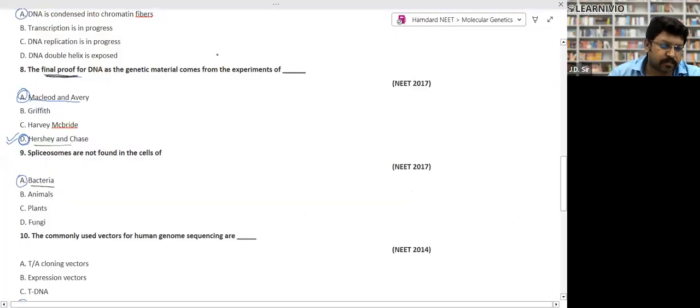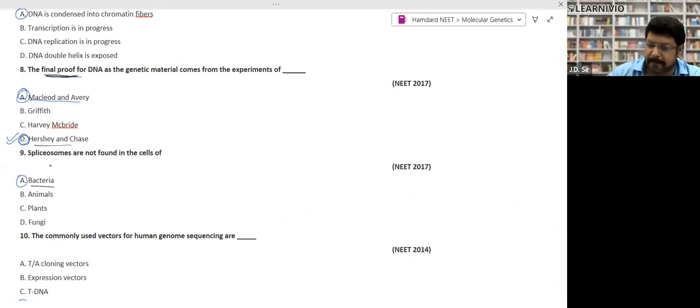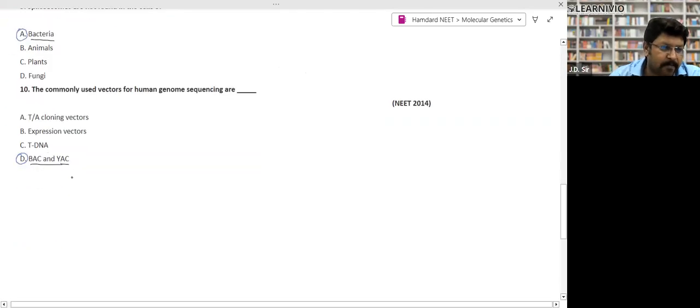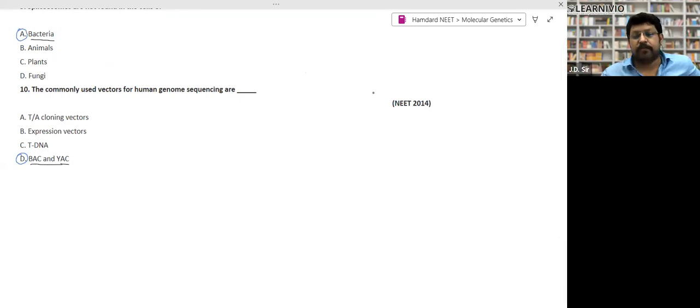And spliceosomes are not found in cells of bacteria. Commonly used vector for the human genome sequence. One thing I want to tell you: the human genome sequence was done by BAC, that is the bacterial artificial chromosome, and yeast artificial chromosome.